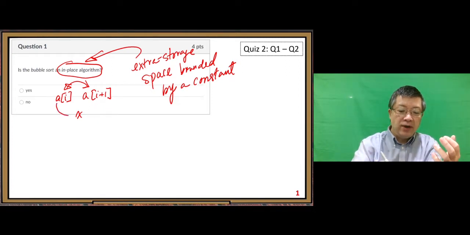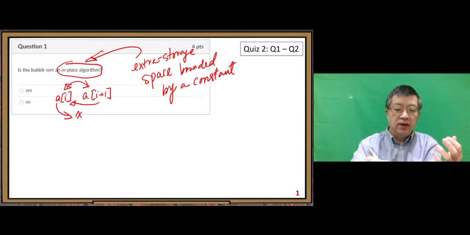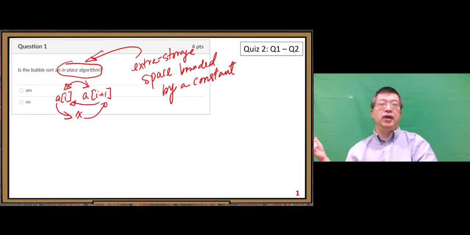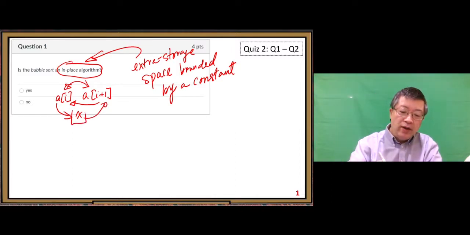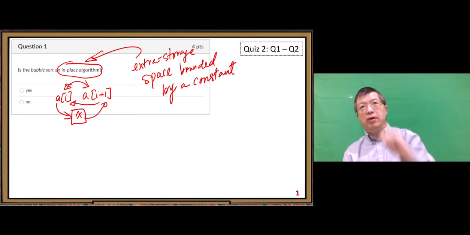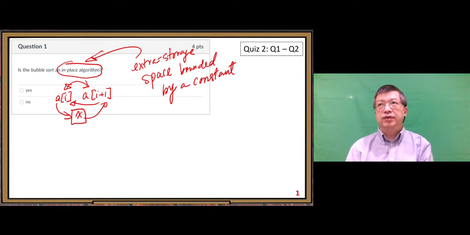So you copy one element here, then copy the other element, then copy back. So that means one variable is enough to complete one swap operation.